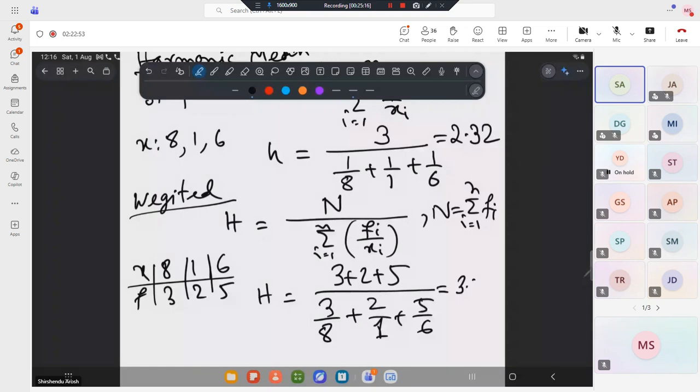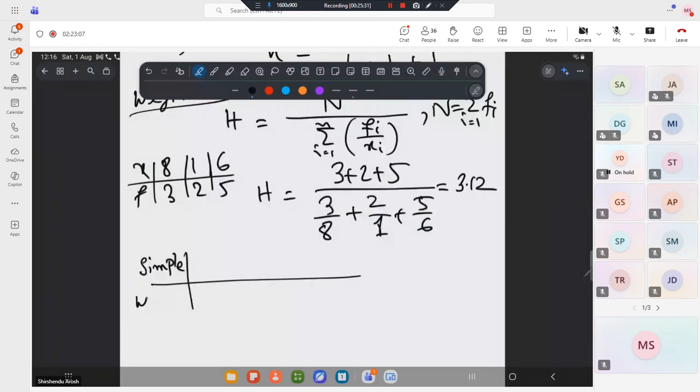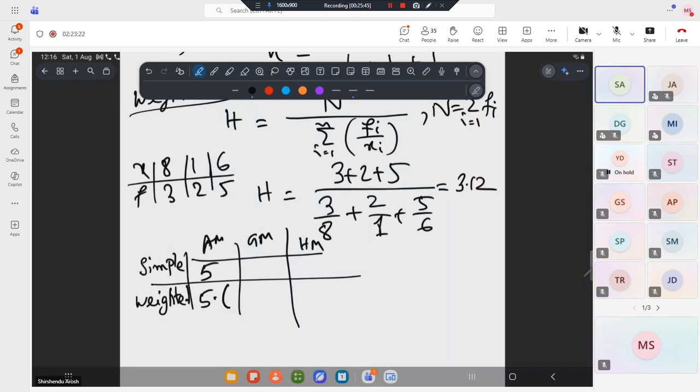So see, we took the same numbers for all the examples. If I write this in terms of the simple and weighted cases, in terms of AM, GM, and HM, see how the numbers come. For AM, the simple and weighted values are 5 and 5.6.